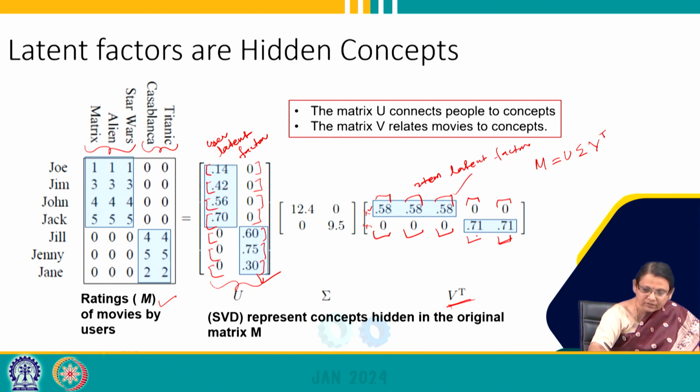For the next movies, the second factor is important. The first factor is for the first category of movie, and the second is for the second category of movie. So, this matrix V also relates the movies to concepts. Using these latent factor models, in one go we can extract both item features and user features, the latent features.